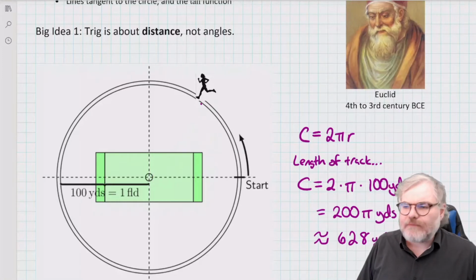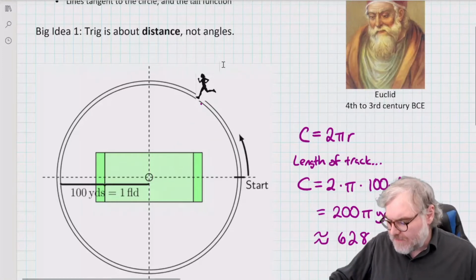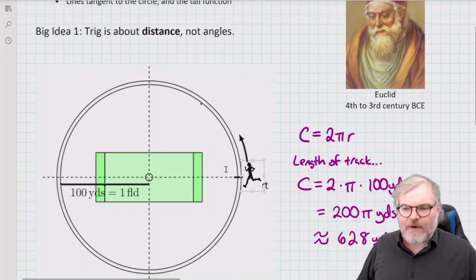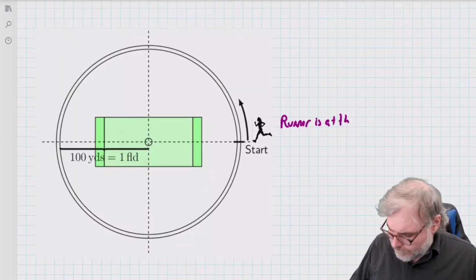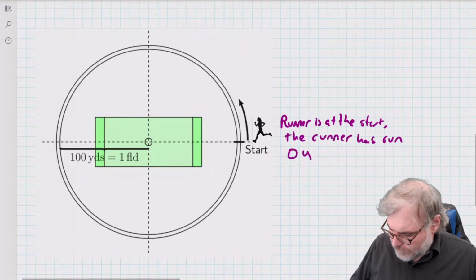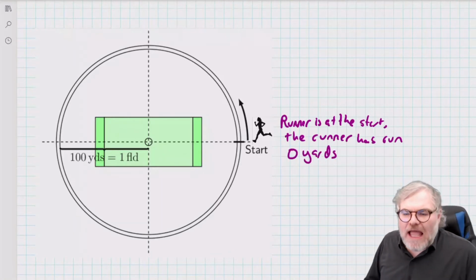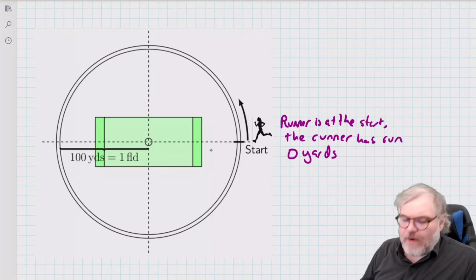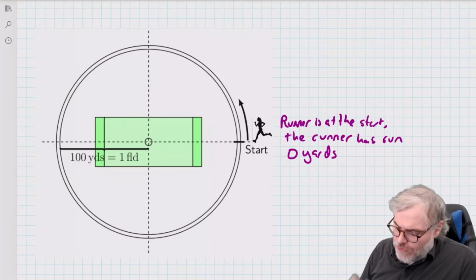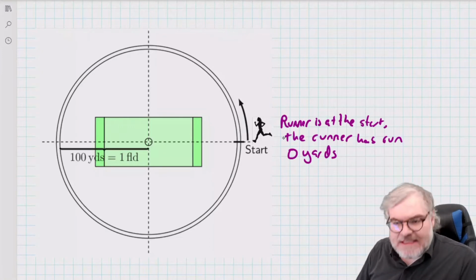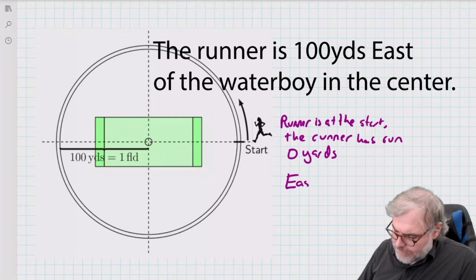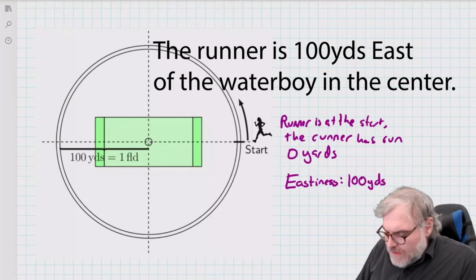So, if my runner is standing at the beginning, the runner has run 0 yards. Now, how far from the center of the circle is the water boy going to go east and how far north? So the eastiness of the runner here is 100 yards. And then what's the runner's northiness?